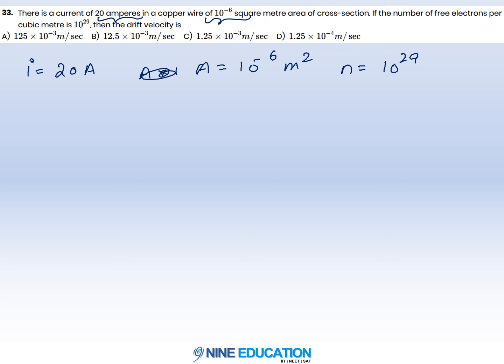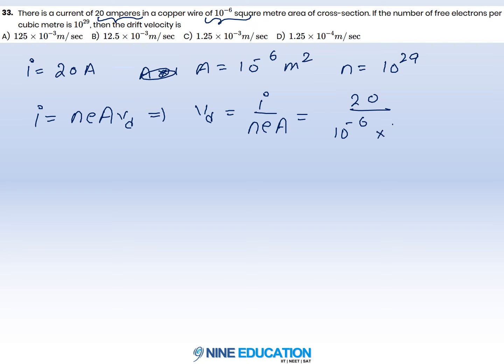So simply this is direct formula based. What we know, current is I equals to nAeVd. So from this relation, Vd becomes I by nAe. So just put the values: 20 divided by 10 power minus 6 into e, the electronic charge, 1.6 into 10 power minus 19, into n, 10 power 29.